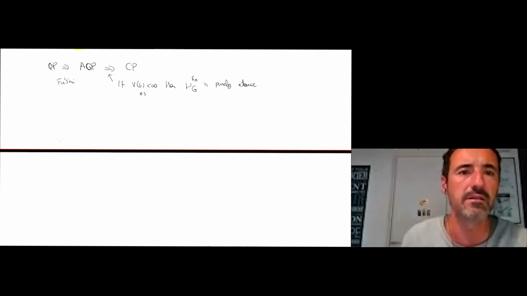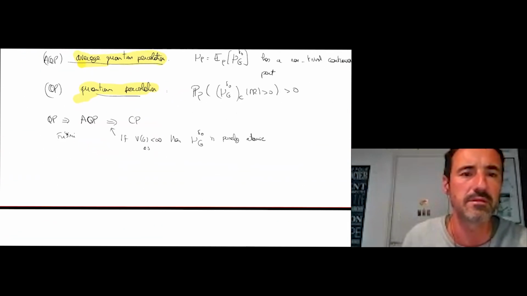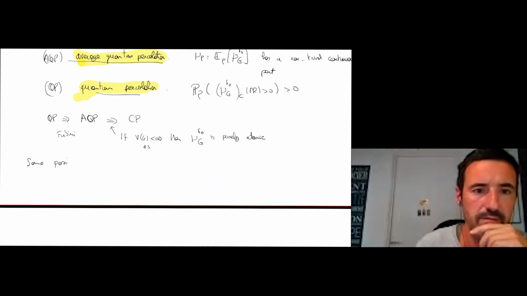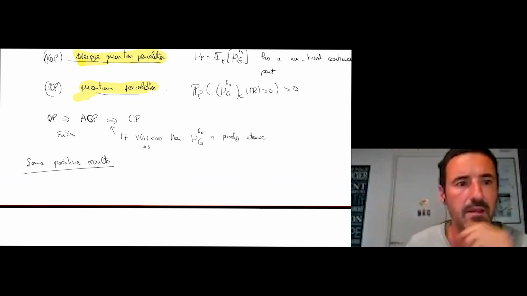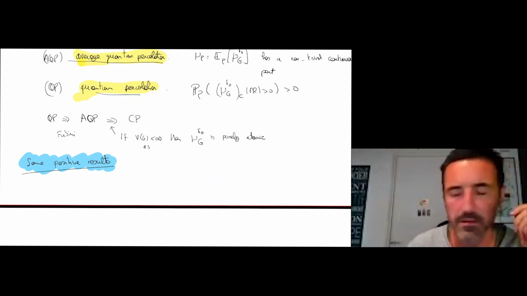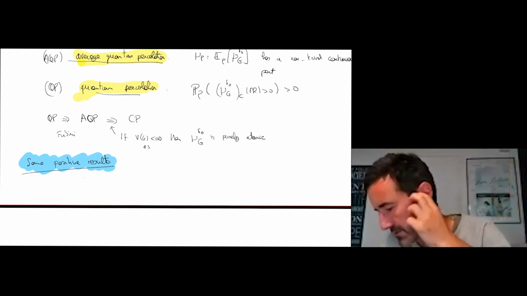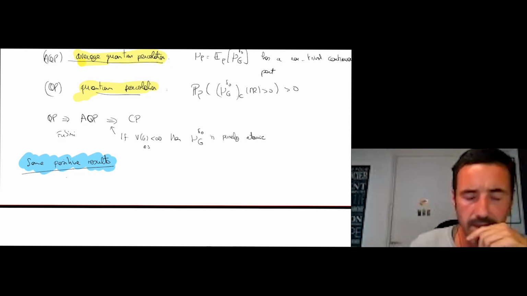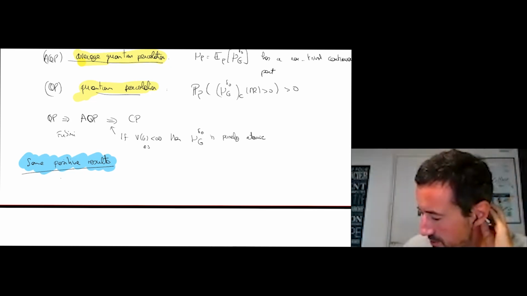Okay. So let's call that some positive results. So I will give you first a theorem on percolation on Z^d.